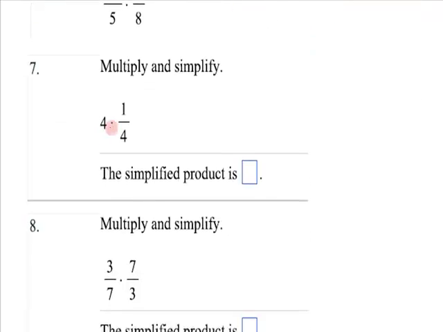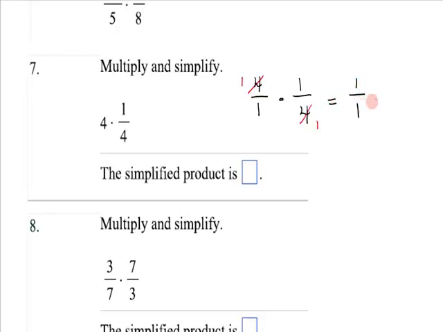All right, the next one, I have a whole number. I am always supposed to change a whole number by putting it over 1. So now it is in fraction form. I'm multiplying that by 1/4. Looking on the diagonals, 4 goes into 4 once, 4 goes into 4 once. There's nothing else for me to divide out.